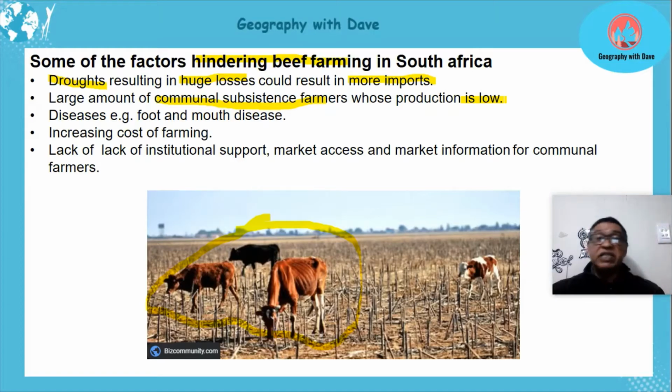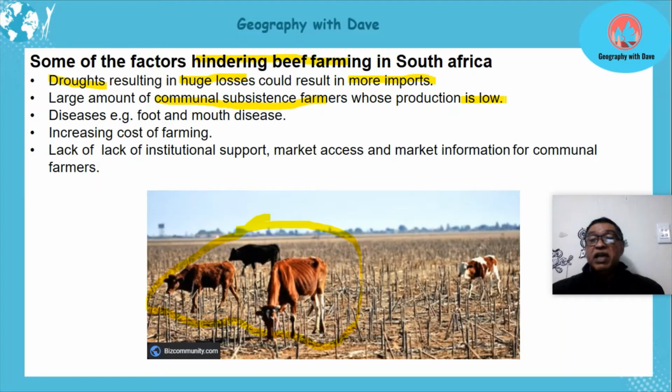I'll talk about that later. This does not supply as much. So we need government or whoever to be involved in order to educate subsistence farmers, increase their production, and bring them onto a commercial basis. That could help.